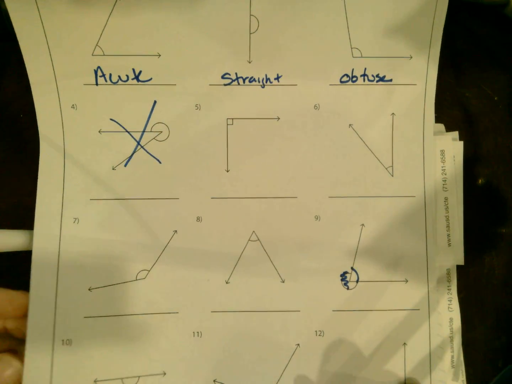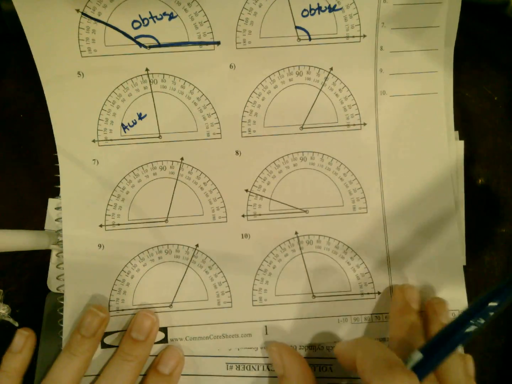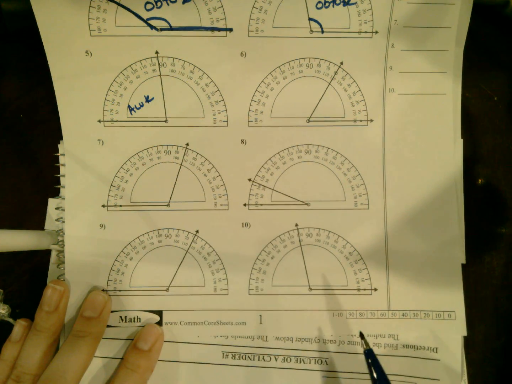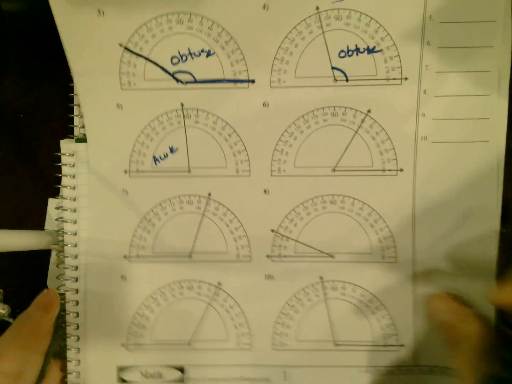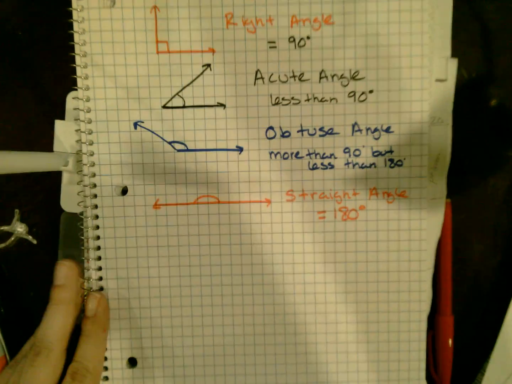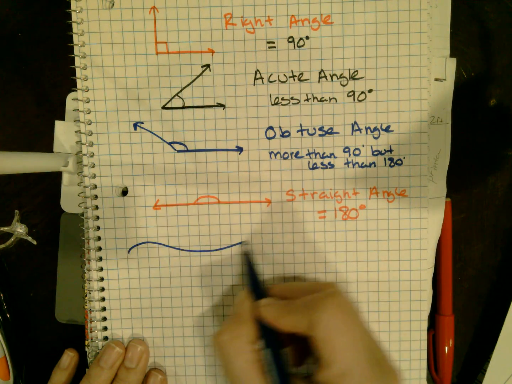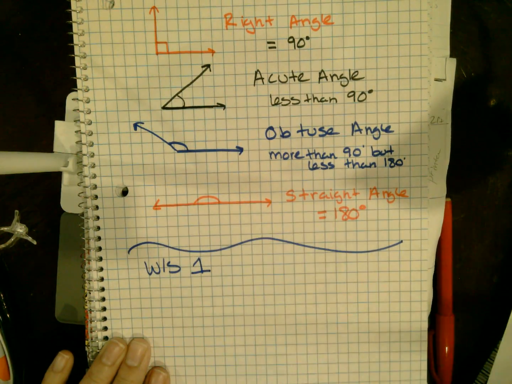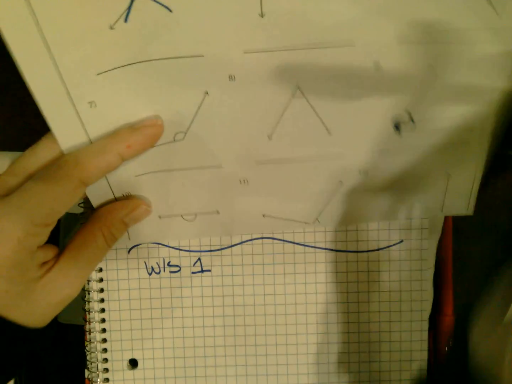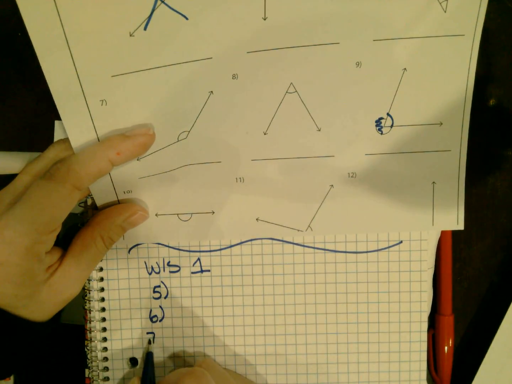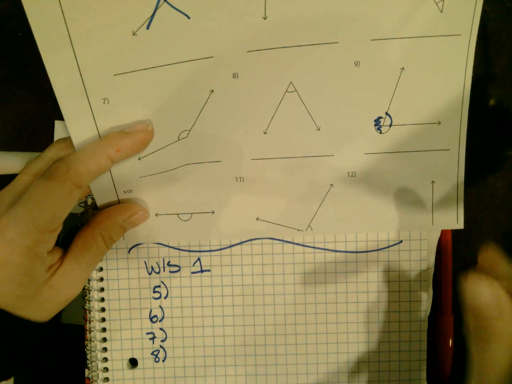Okay, then finish this worksheet. In your notebook, for worksheet 1, I want you to do number 5, name it. 6, 7, 8.